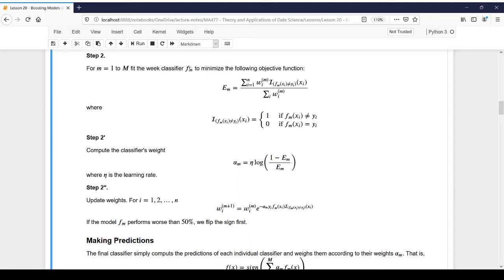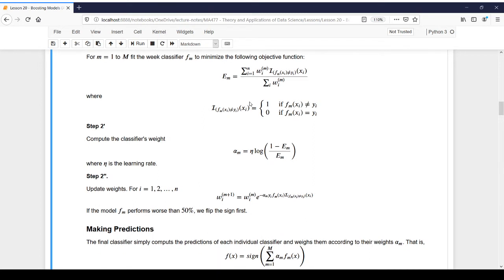If the model did really well, the error rate is really small, so this fraction is really large, so the log of that is also large. So alpha m will be larger if EM is smaller. Similarly, alpha m will be small, actually negative, if EM is large. That's telling you that the model didn't do well.